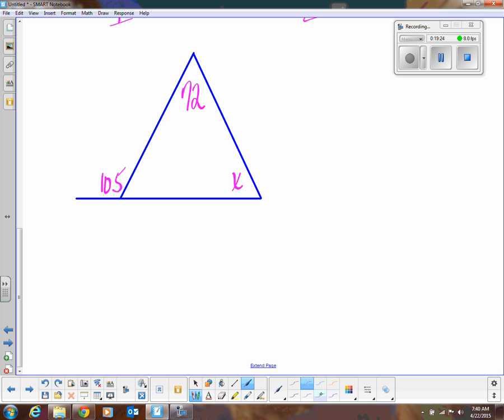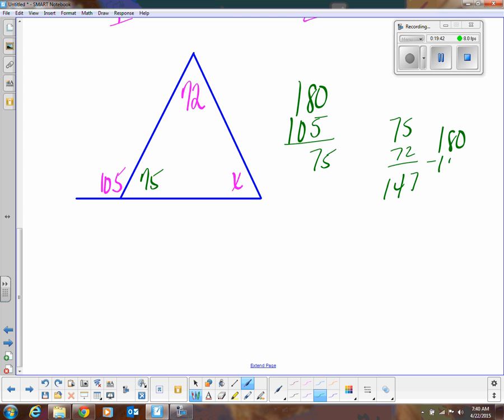What do you suggest we do? Perfect. We get 105, and I think that's going to be 75. Then what? 147. 180 minus 147 is going to be 33. Okay. So you see, you knew it. You had that concept. Other questions?